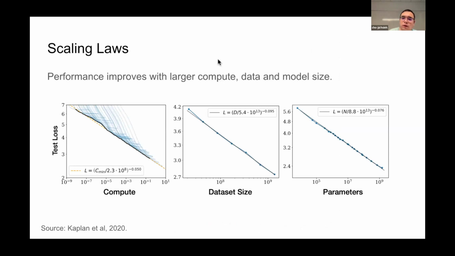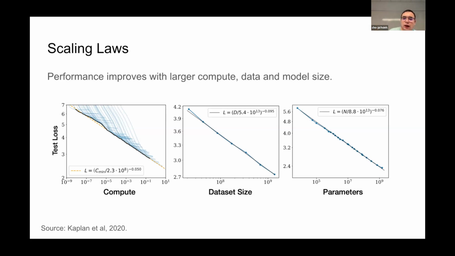The first thing they found in GPT-3 is the scaling law. Originally we thought when we train larger models, at some point the performance will plateau and you don't see much improvement, maybe beyond a few billion parameters.